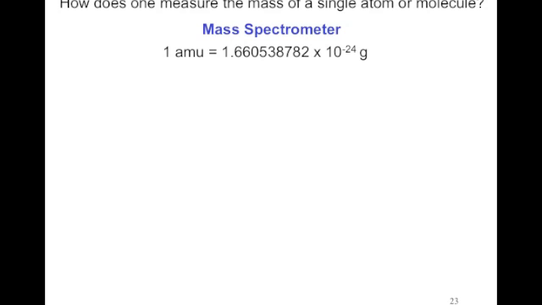I hope you can see that. That's why we're able to get so many significant figures. The uncertainty in this number is in this digit. All of these other numbers are well known, and this is an example of a measurement that's very, very precise because we have a great number of significant figures here.